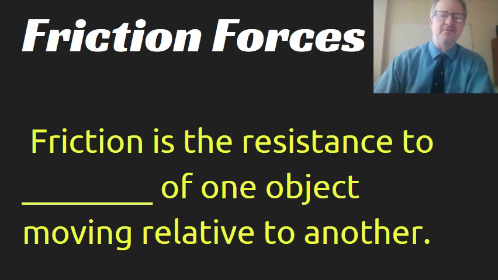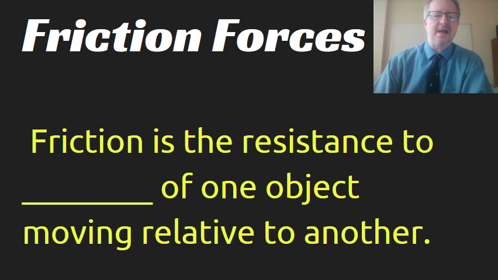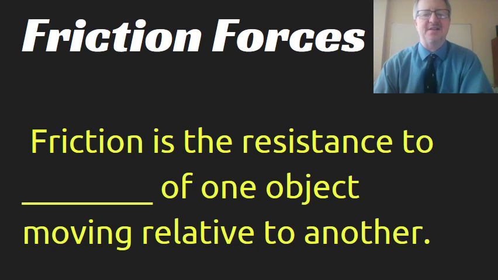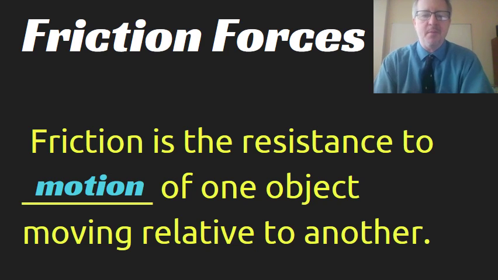Alright, so friction forces is what we're talking about. So friction is basically, the most basic definition is that it's resistance to the motion of one object relative to another. So it's the resistance to motion of one object moving relative to another.